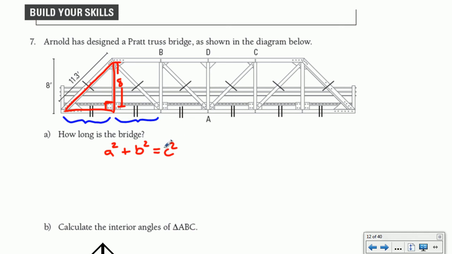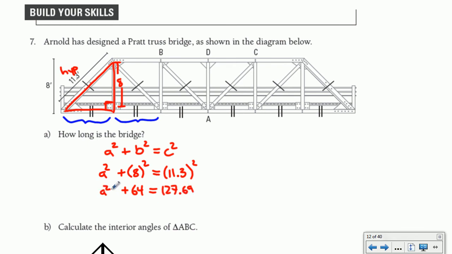So remember that C should always be the hypotenuse, so you should sub in 11.3 there. And then the other two, the order doesn't matter, so you could sub 8 in for B if you like, or you could sub it in for A. I'm going to do it for B. And let's solve for A now. So 8 squared is 64. 11.3 squared is 127.69.